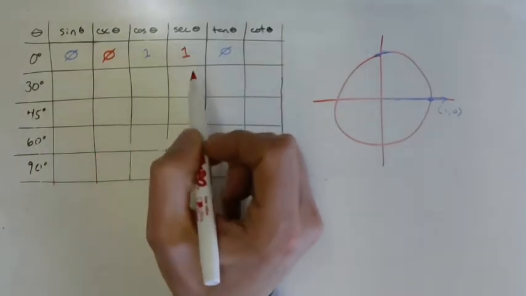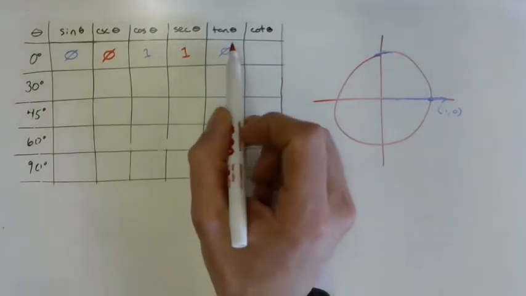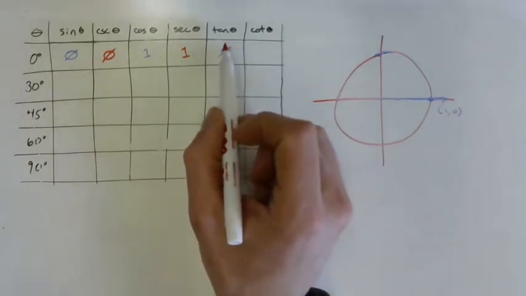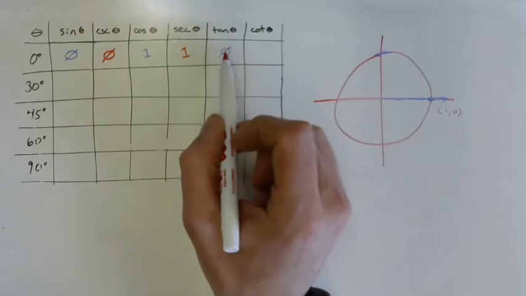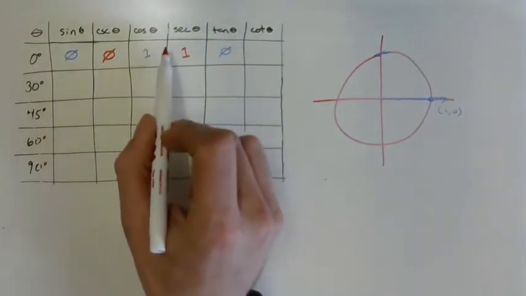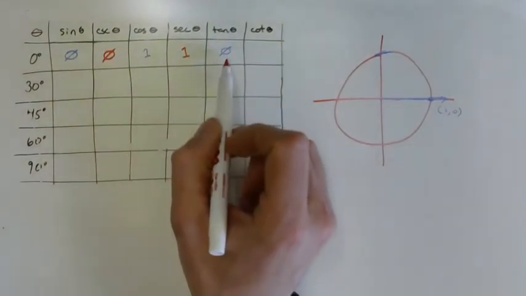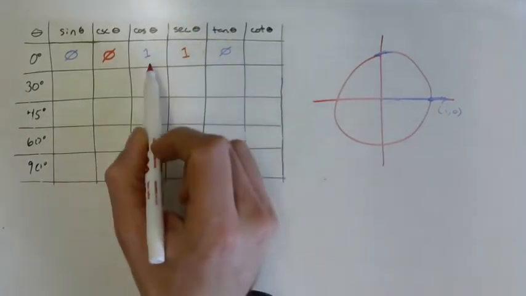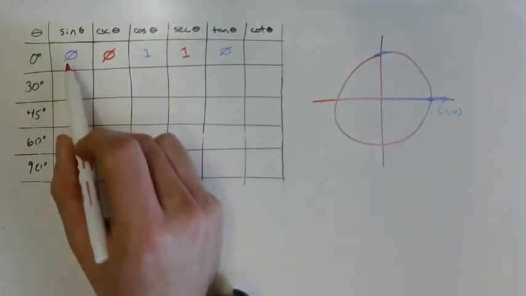I just get 1. Now over here in tan world, we have sine over cosine. So it was 0 over 1, which reduced to 0. But now we're going to have the reciprocal, which is going to be 1 over 0, which is undefined.